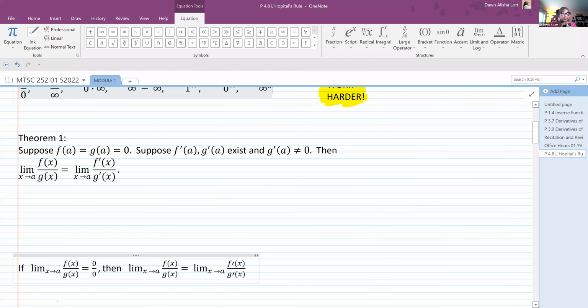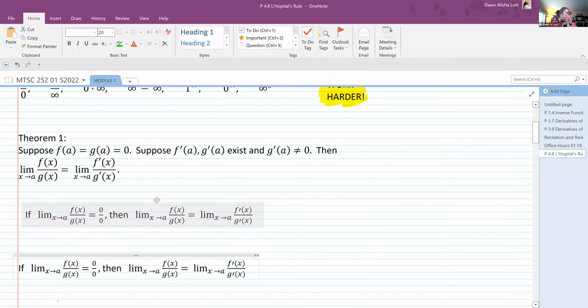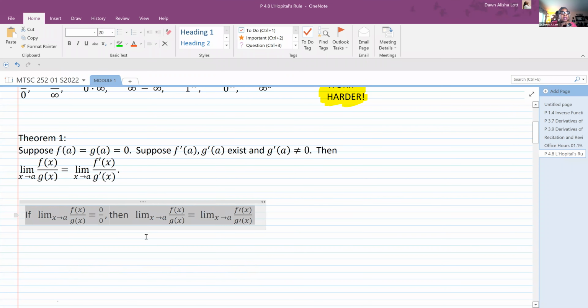If I try to solve a problem and the limit as x approaches a of f of x over g of x is 0 over 0, then the only way I can evaluate this is to take the derivative of the numerator, take the derivative of the denominator, and reevaluate it and hope I get a number. Okay?